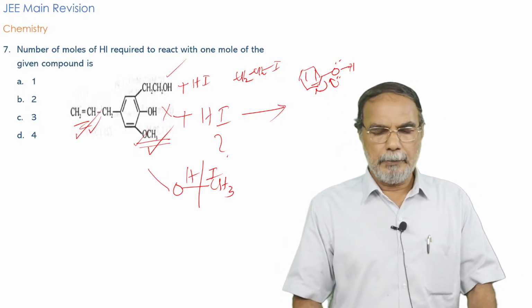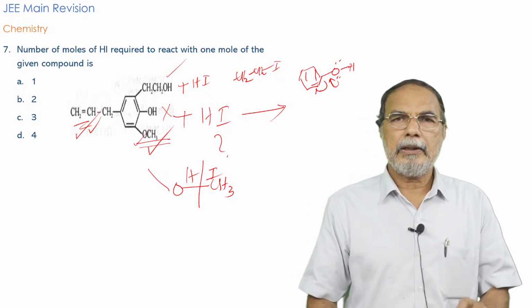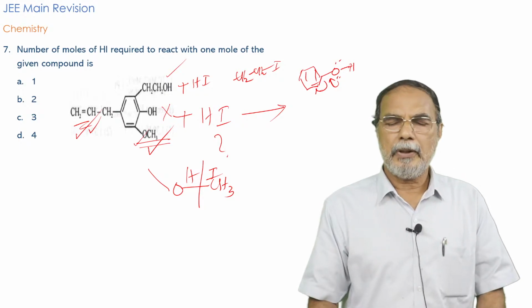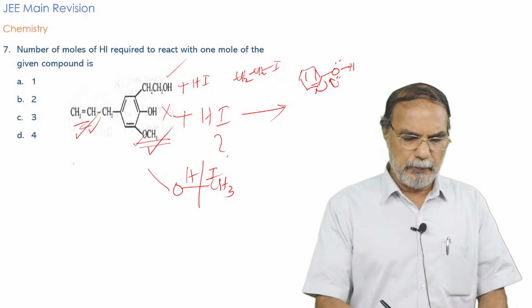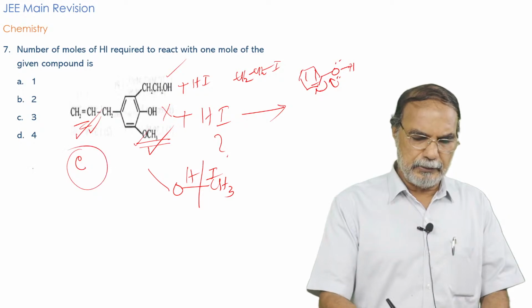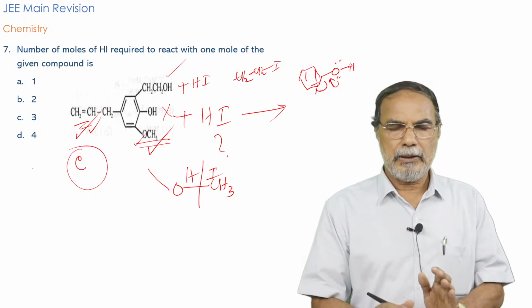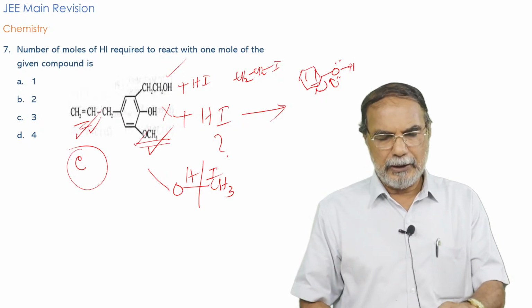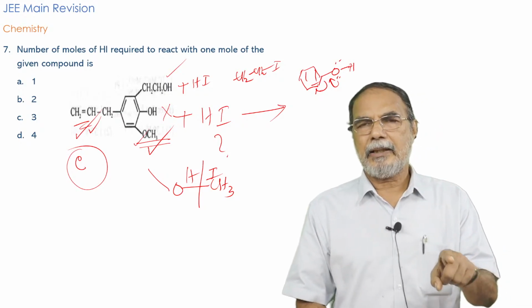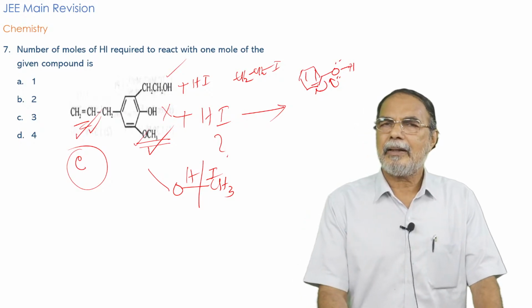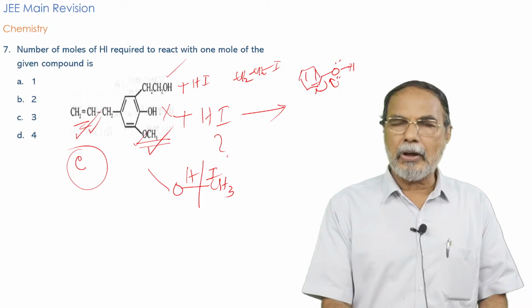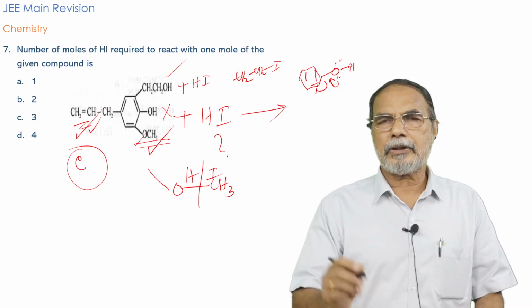That means per molecule of the compound 3 molecules of HI are required, or per mole of the compound 3 moles of HI will be used. So the correct answer to the question is C. It's a very simple question. The only thing is that you have to look at the molecule very carefully and identify the sites at which the HI will react, and also take care to see that the phenolic OH is not reacted upon by HI.